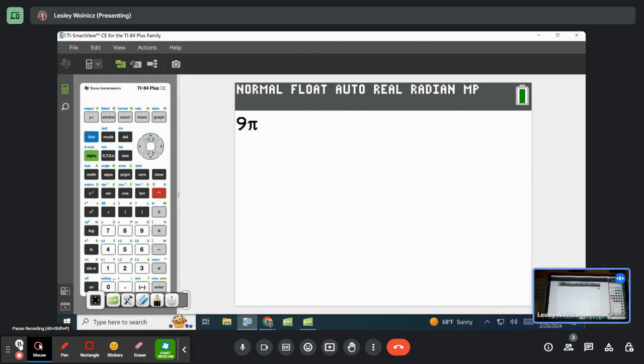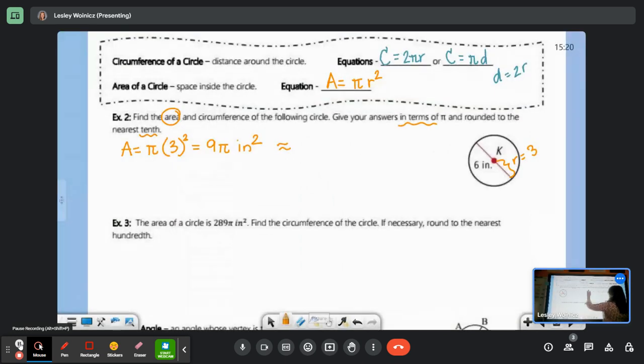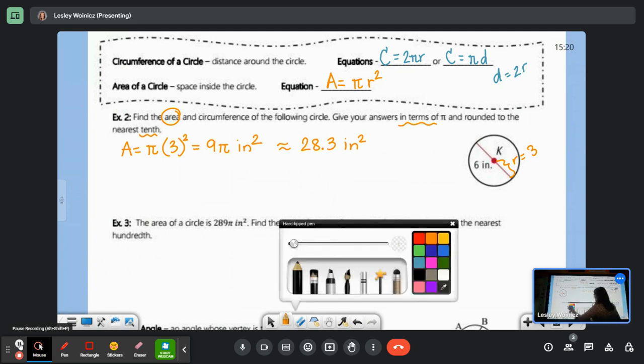The power caret is right underneath clear. Okay, so I just put 9 pi in my calculator and hit enter. So what is that, 28.3 nearest tenth? 28.3 inches squared.